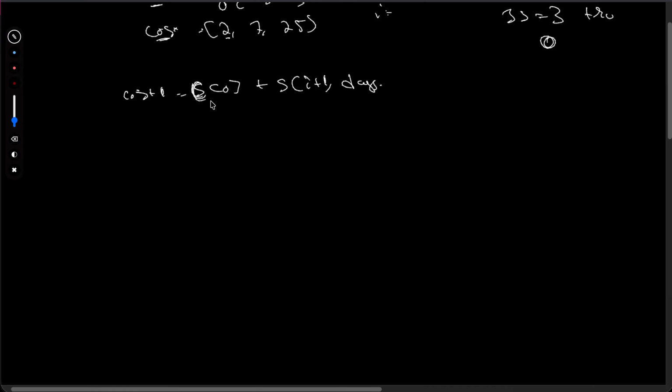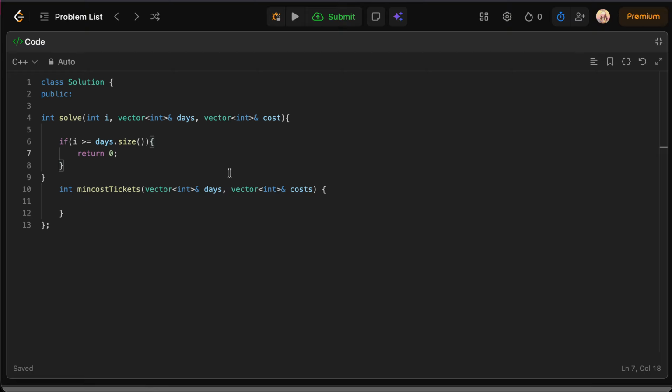So the next uncovered day is the next index, so we call solve of I plus 1. So if we are at I equal to 0 and day 1, then cost 1 is 2 plus solve of 1, because a 1 day ticket is 2.